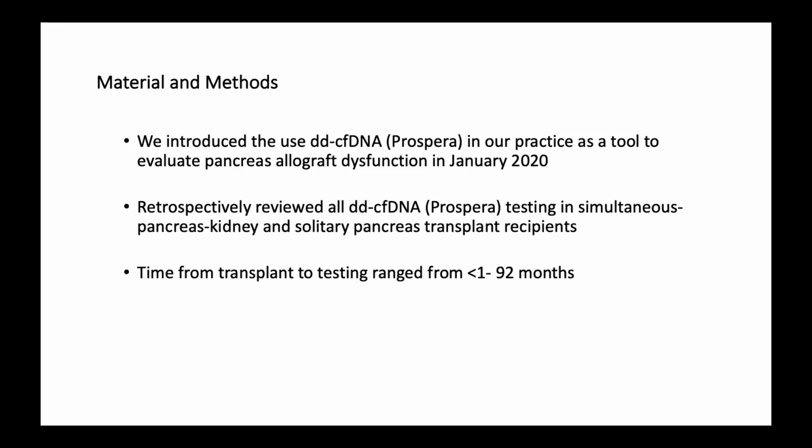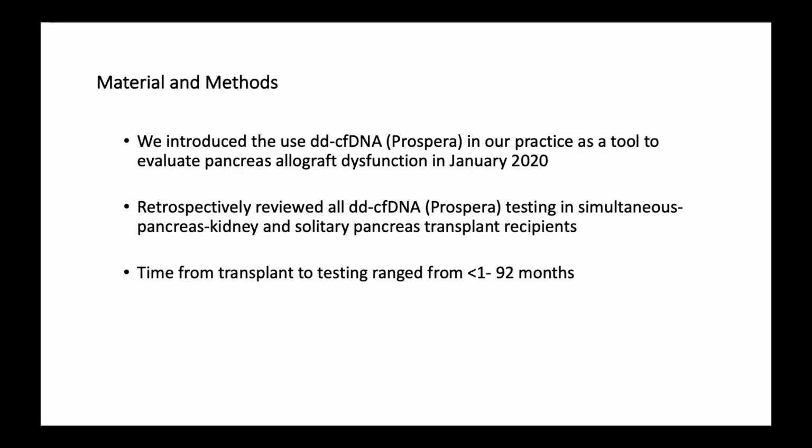So during that time, we looked at all of our transplants that had dysfunction and we ordered the test. And the time from transplant ranged between 1 month and 92 months. And just to briefly tell you about what we do, to put this in context. For instance, a person with kidney and pancreas transplant gets the routine labs.